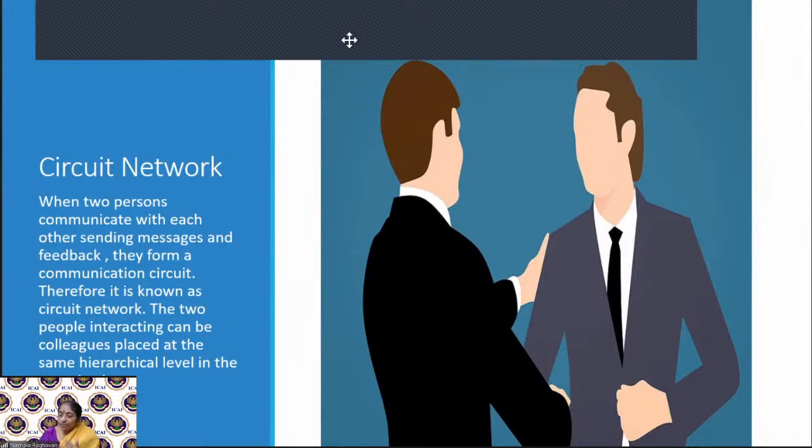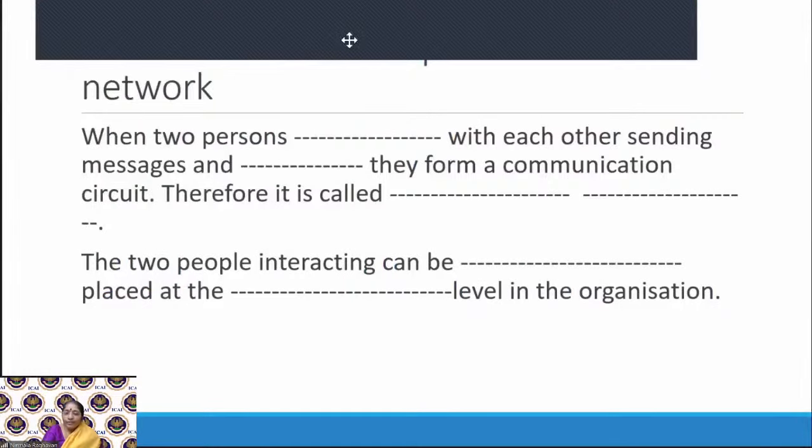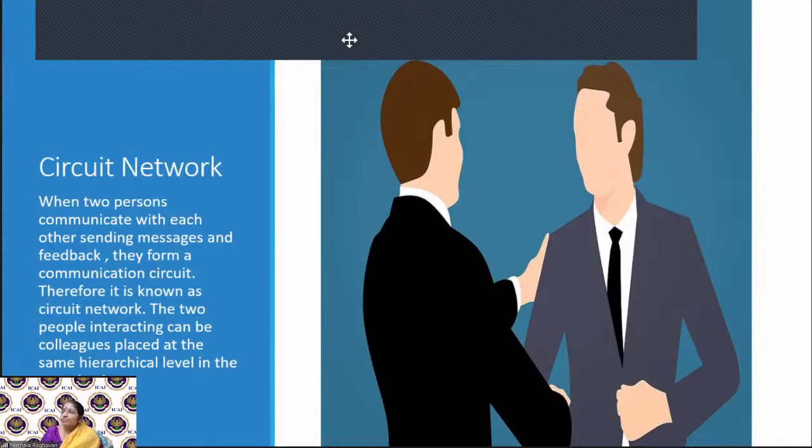We finished vertical network. Now this is circuit network. When two persons communicate with each other, sending messages and feedback, they form a communication circuit. Therefore, it is known as circuit network. The two people interacting can be colleagues placed at the same hierarchical level in the organization. I'll give you 2 minutes to read through.